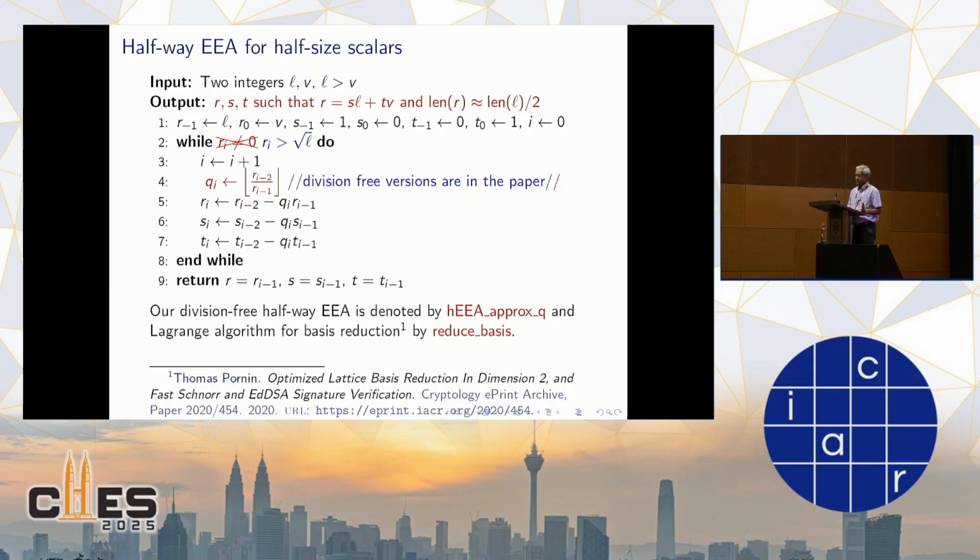For some reason, Thomas Pornin's work did not look at applying the same technique to the extended Euclidean algorithm to have a division-free version of it. So in our paper, you'll find two versions of division-free extended Euclidean algorithm.